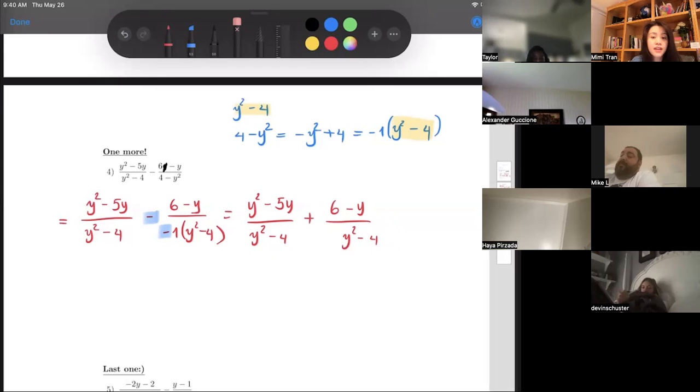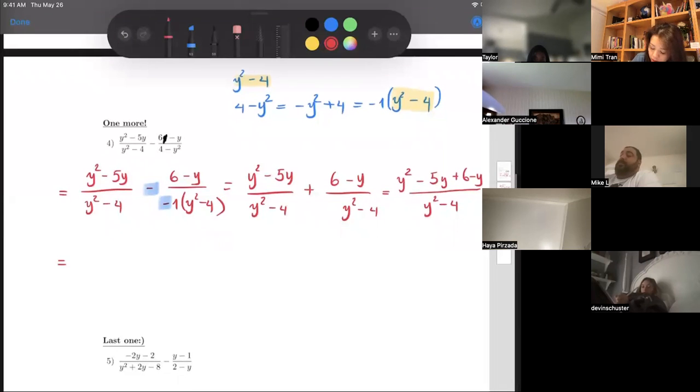Now you have a common denominator, right? So it's going to be equal to y squared minus 5y, minus 5y, I'll do slowly, plus 6 minus y over y squared minus 4.